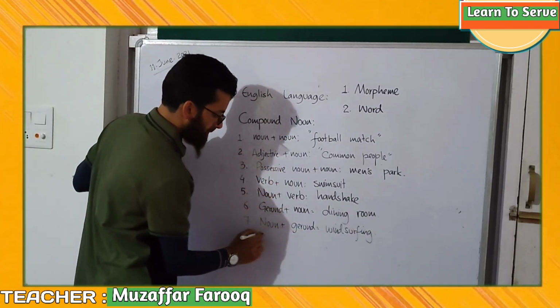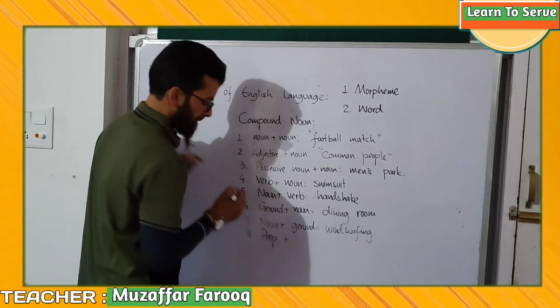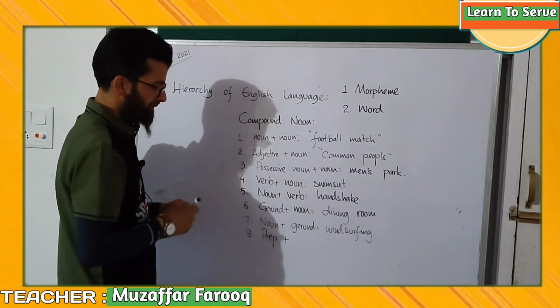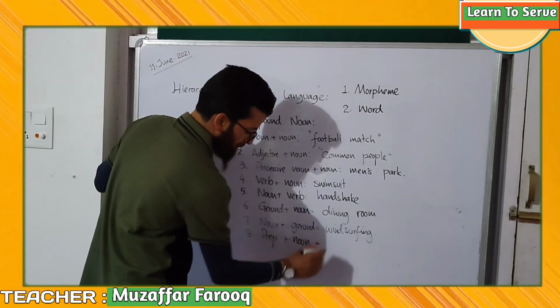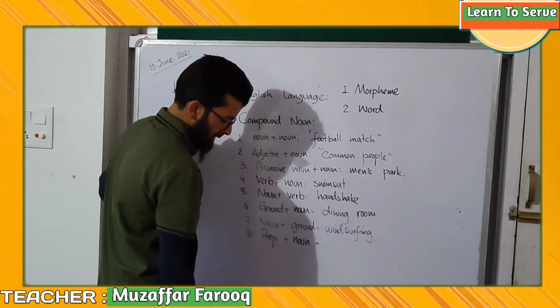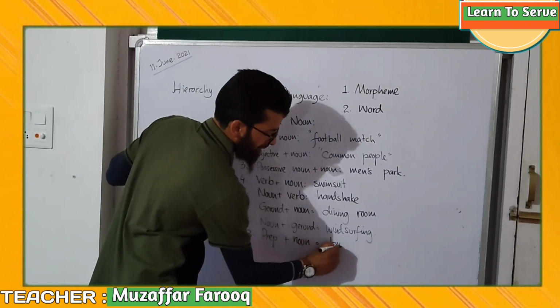We have another part, preposition plus noun. For example, we have byproduct.